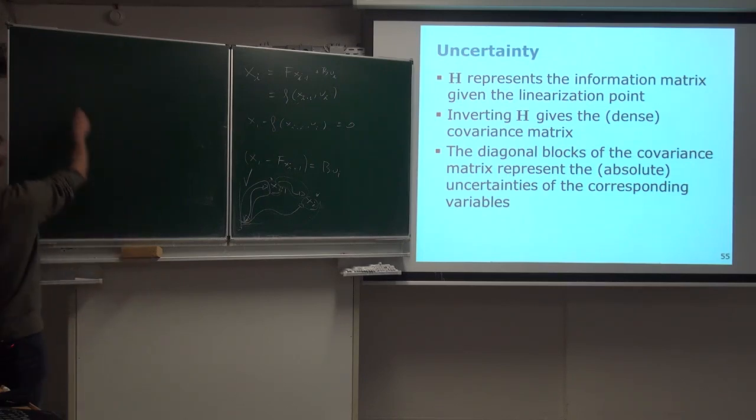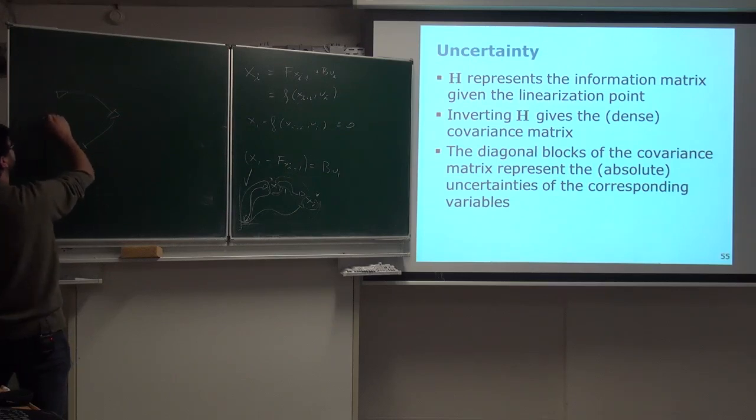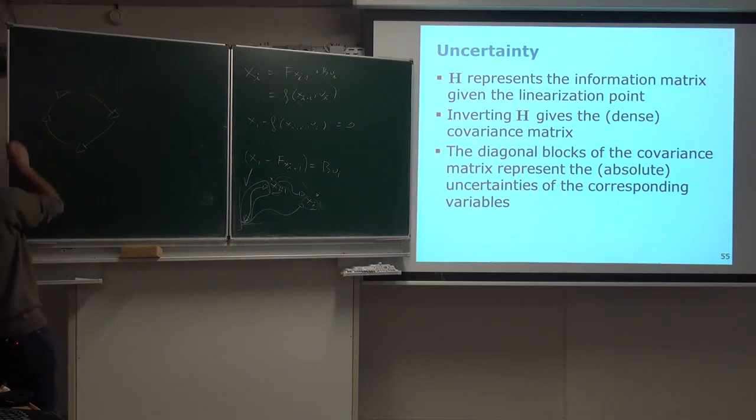So basically, let's draw a very simple graph. I want to know the position in the world frame, but we also want an idea of the uncertainty. Maybe something like an ellipse showing how uncertain we are with respect to this estimate.